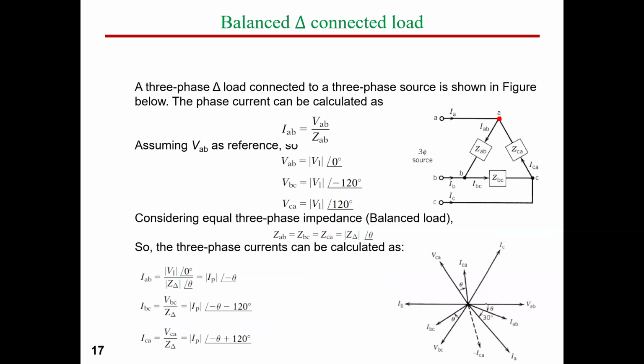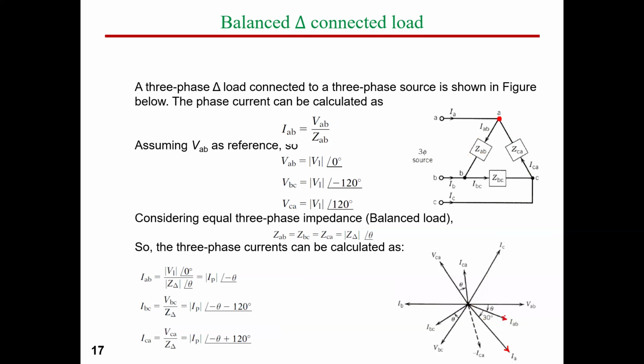So this is, for instance, the phasor diagram. Here we have IA. And sorry, we have IAB, the phase, we calculated the phase firstly. So this is IAB that we already calculated.